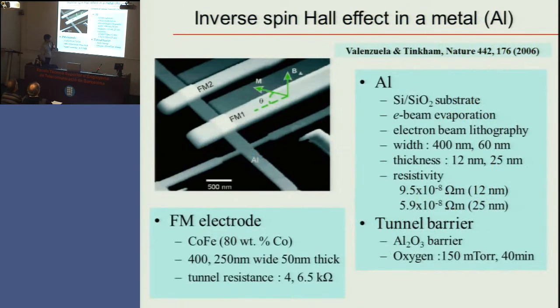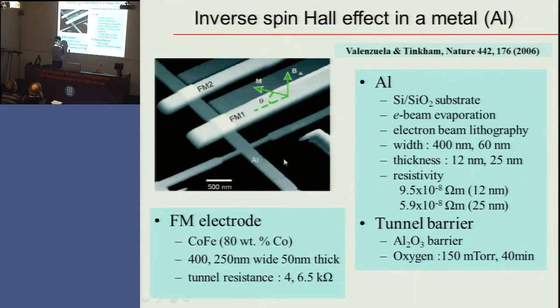An easier example in a metal can be shown by this group. Let's say a ferromagnetic material is here and aluminum is here. If spins are injected from this material into the aluminum, and the spins are aligned perpendicular to the surface, you can imagine the spins deviate by the spin-orbit interaction and accumulate on one side of the aluminum channel, which eventually causes a transverse voltage between those two.